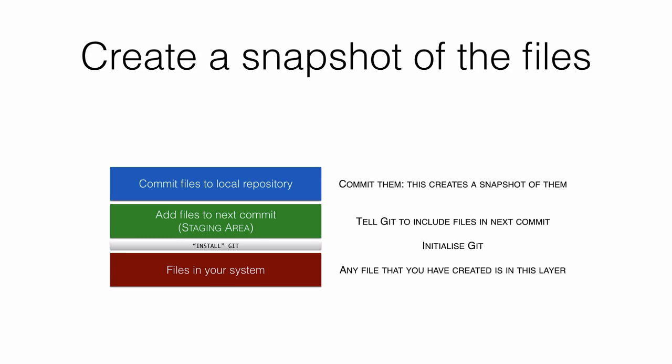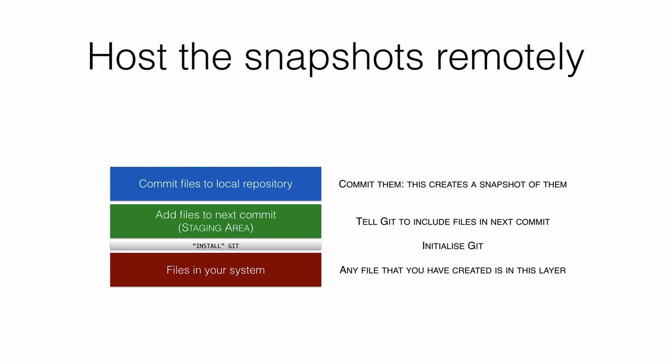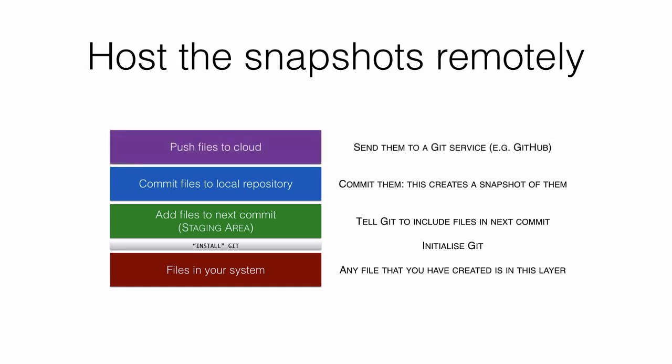Naturally, if your computer blows up, you lose your files because they are all in your computer. So the last thing to do is to host these snapshots, these commits, remotely. So you can push these files to the cloud and send them to a Git service like GitHub or Bitbucket. These are two separate services. A lot of people get confused with GitHub and Git.